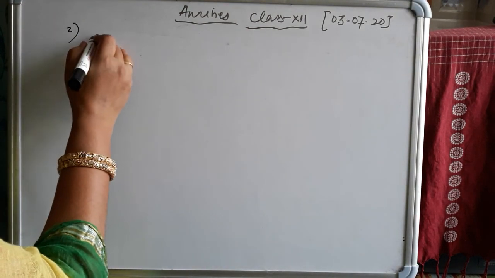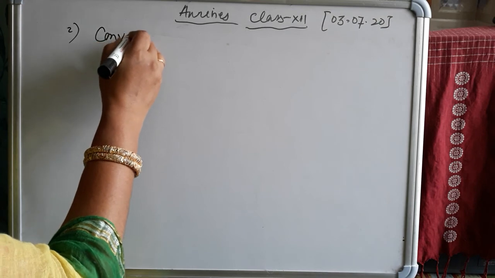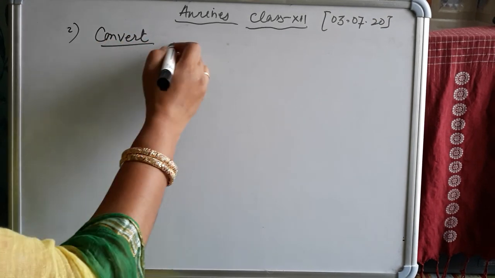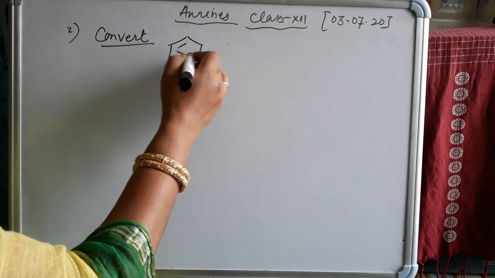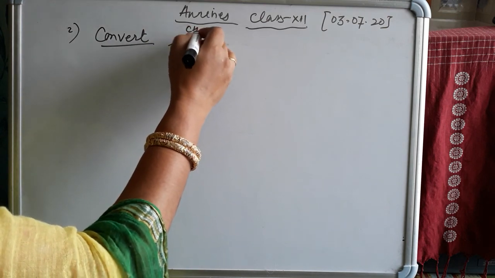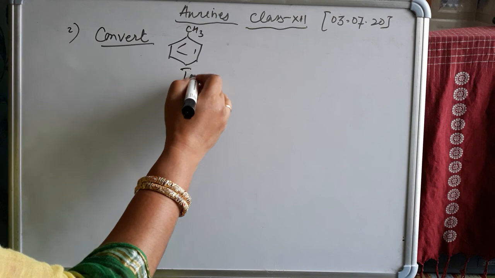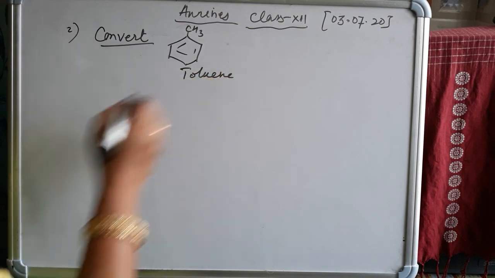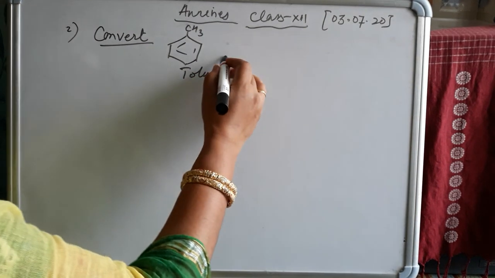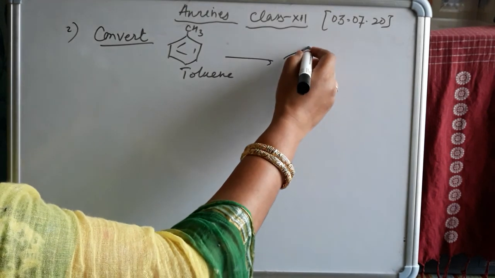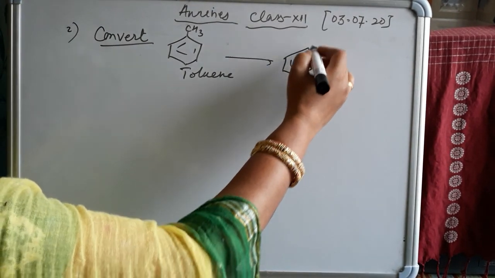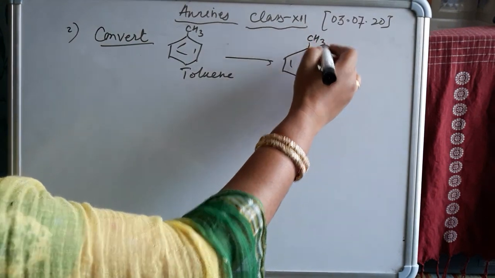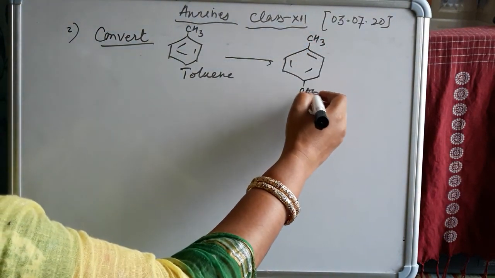Now next, convert CH3, it is known as toluene, to a compound with a COOH group.